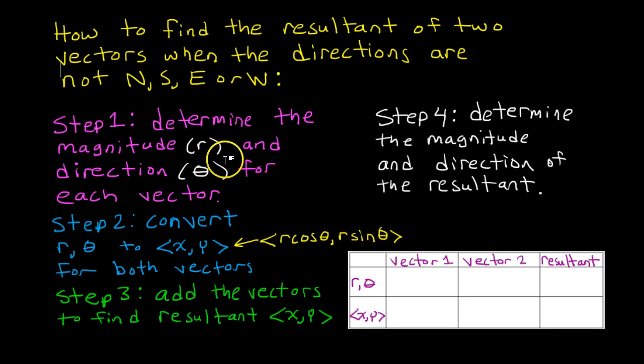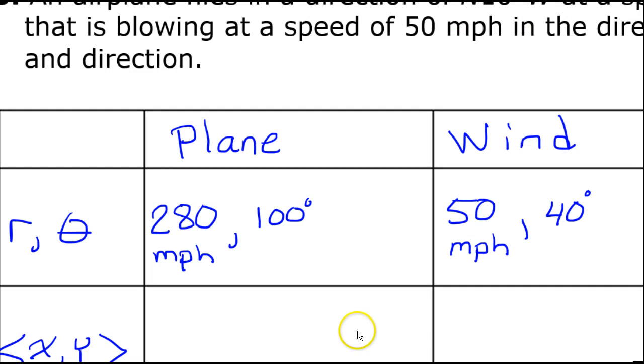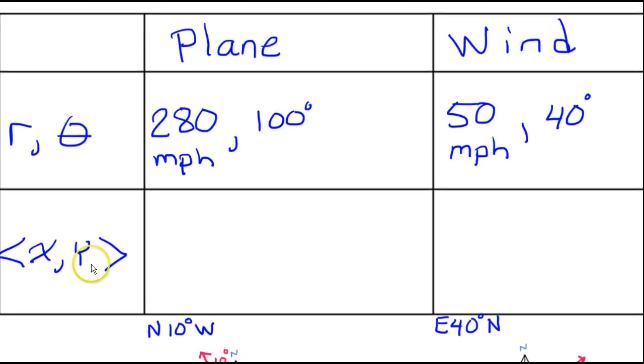That's step 1 complete. Step 2, convert the magnitude and direction to component form using the little formula r cosine theta, r sine theta. So let's do that for the plane. We need component form. We are thinking r cosine theta. In this case, that will be 280 cosine 100.